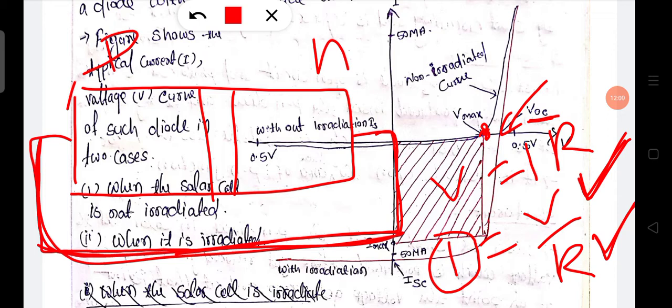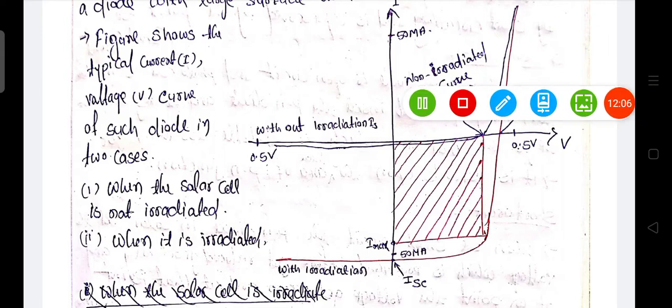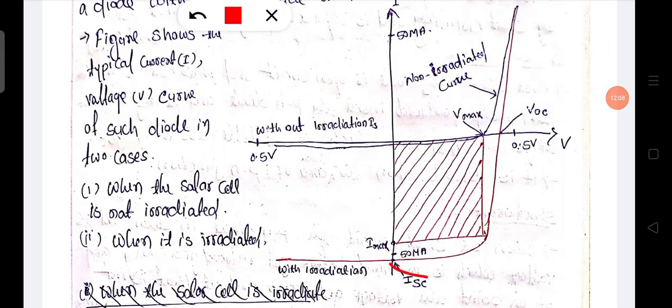That means at the point when there is no voltage, this is the short circuit current, Isc, the maximum current possible when we short circuit our PN junction.